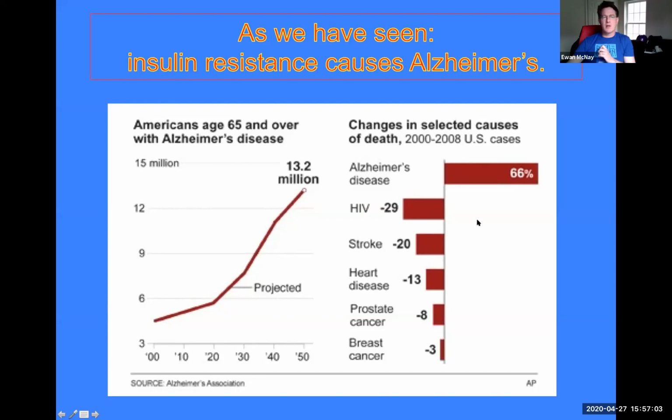Alzheimer's, not so much. Alzheimer's is causing an increasing number of people to die. What you're getting is a segment of the population that is obese, cognitively impaired, type 2 diabetic, and developing Alzheimer's disease. And both on a kind of personal health, this really sucks level, but also on a society level, how do we afford to pay for the healthcare here?